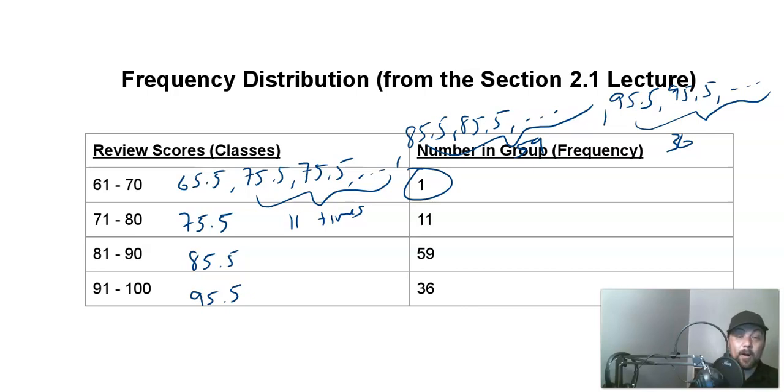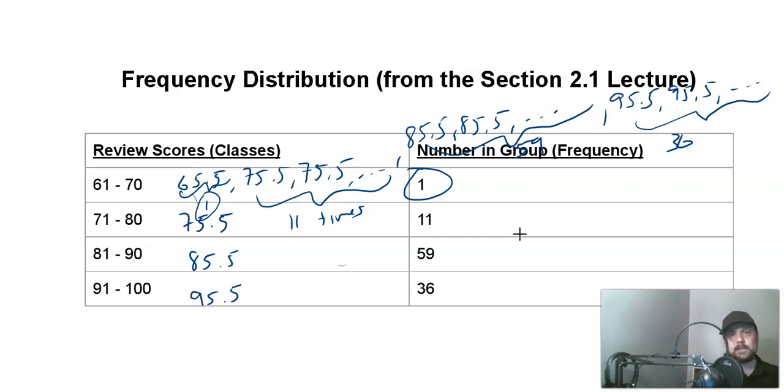So we have to add up all these data values. Now, there's 107 again, because that's how many data values were in the data set. We're going to have to add up all 107 of these numbers, because we have this number here 59 times, this number here 36 times. But because we're repeating the same number over and over, instead of having to add it individually each separate time, there's a shortcut.